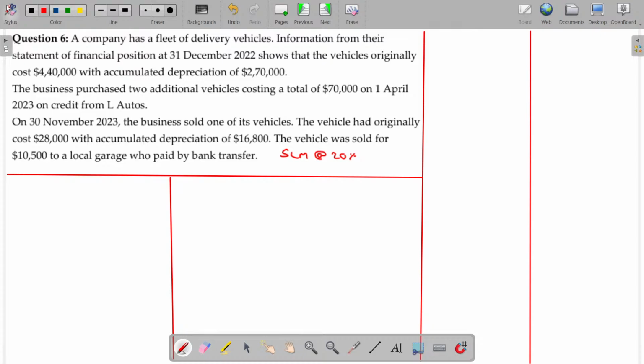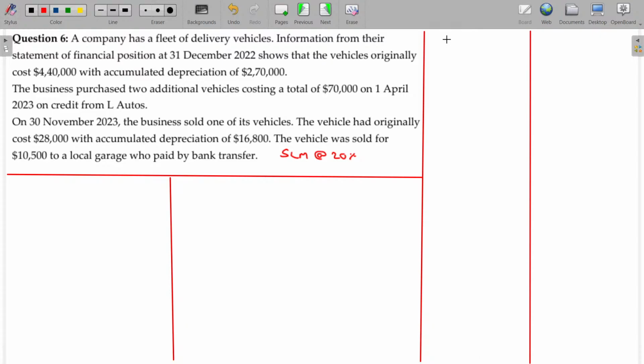Now what is a comprehensive format? We need to prepare the asset delivery vehicle account, provision for depreciation of delivery vehicle, and disposal of delivery vehicle.